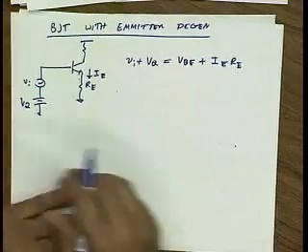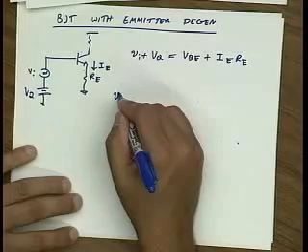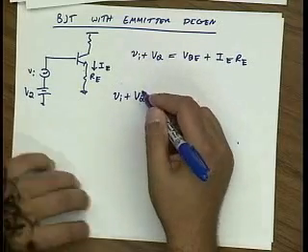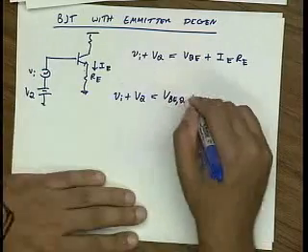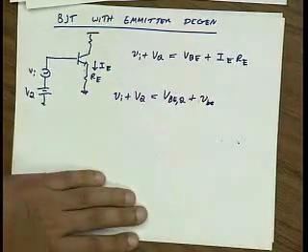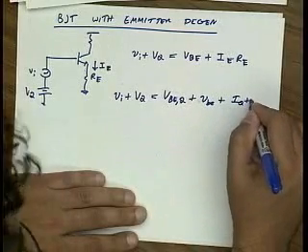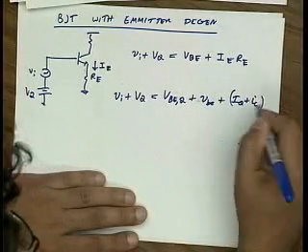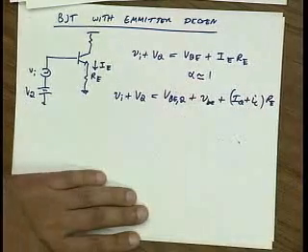And so I can write this as Vin plus VQ is equal to VBEQ plus small signal VBE plus IQ plus IC times RE. Let's assume that alpha is about 1.